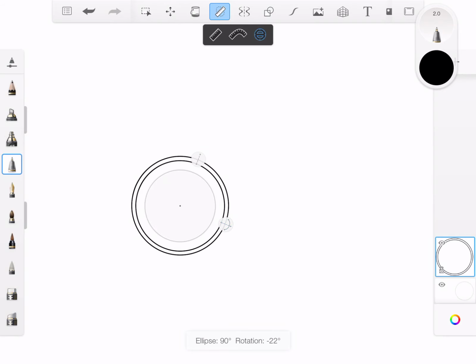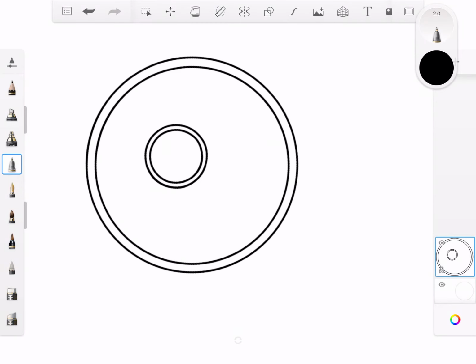Now we're going to draw the nucleus, and it also has a double membrane. Now I'm going to zoom in. This is a nucleus.